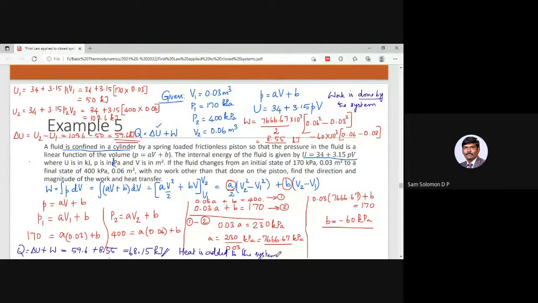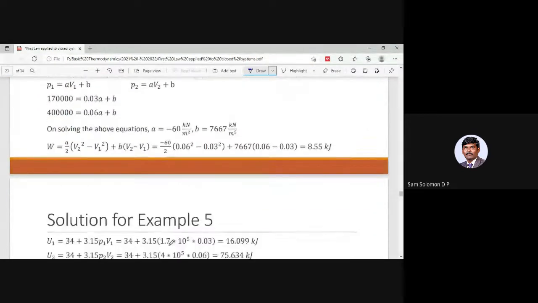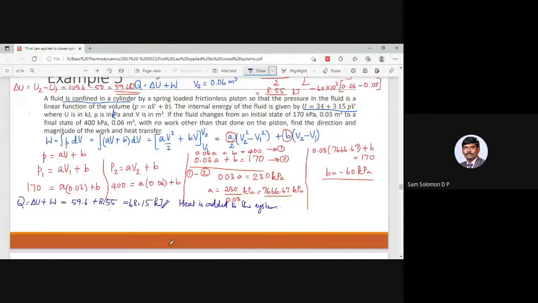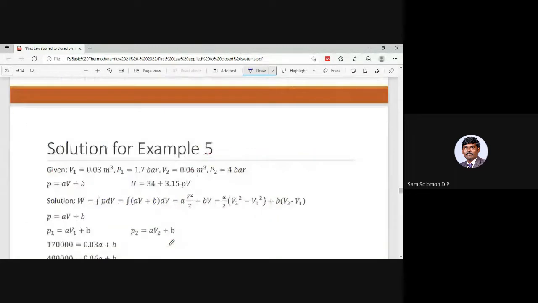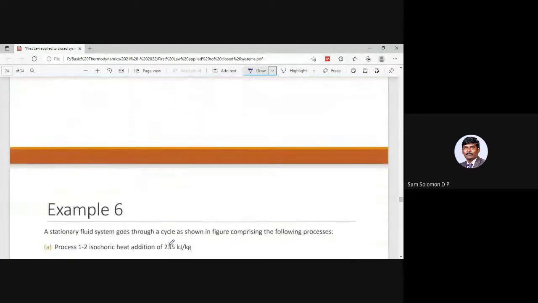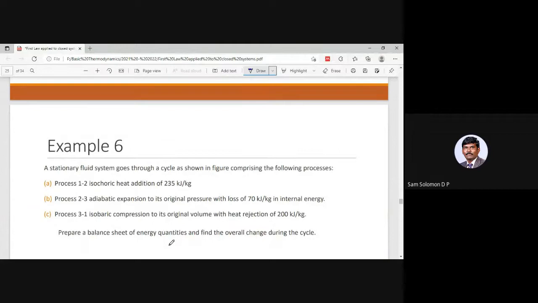Okay, this is the solution that we have seen. Here they are getting 68.09. Okay, we have got 68.15. That's fine.